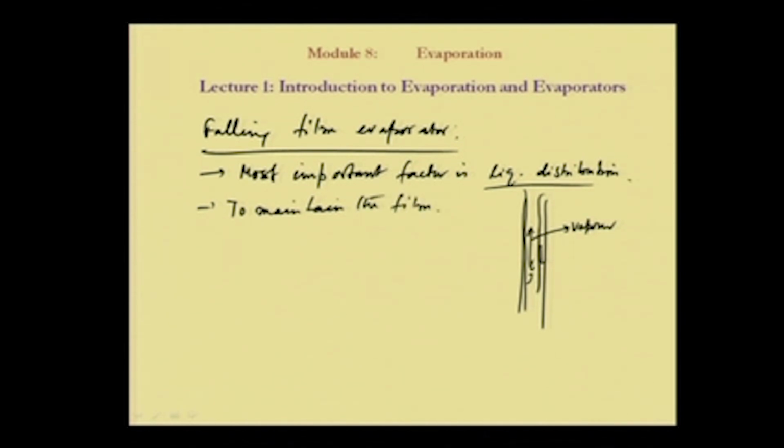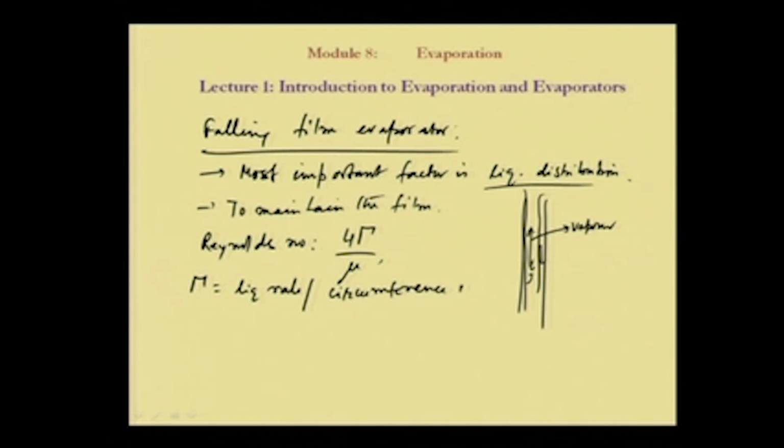To maintain the film, the Reynolds number, defined as 4 gamma by mu, where gamma is the liquid rate per circumference of a tube, is maintained greater than 2000. Okay. So, this is what is being done.